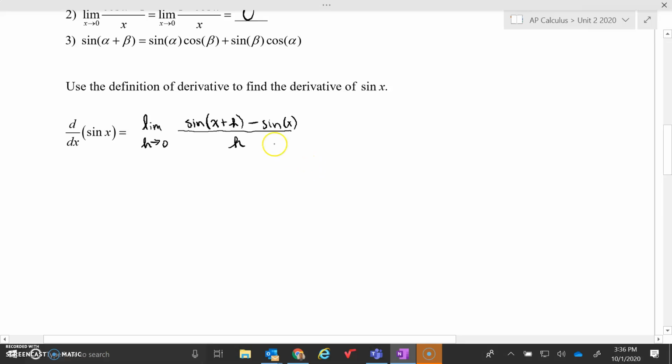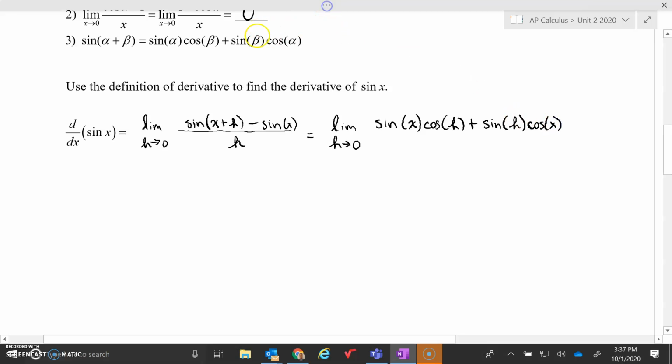So what we're going to use is that third property there, sine of alpha plus beta equals sine alpha cosine beta plus sine beta cosine alpha. So let's go ahead and write that in. So here it is: sine x cosine h plus sine h cosine x.